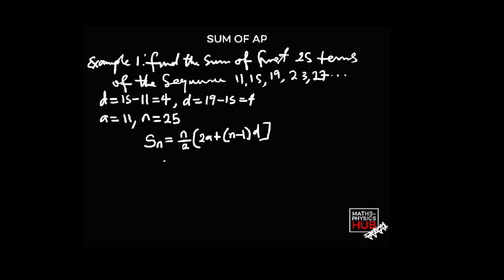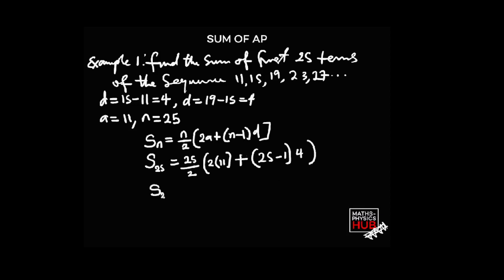Yes, sir. This is the formula we are using. Therefore, the sum of 25th term is going to equal 25 divided by 2 into bracket 2 multiplied by 11, then plus 25 minus 1 multiplied by what? 4. Then we'll close the bracket.